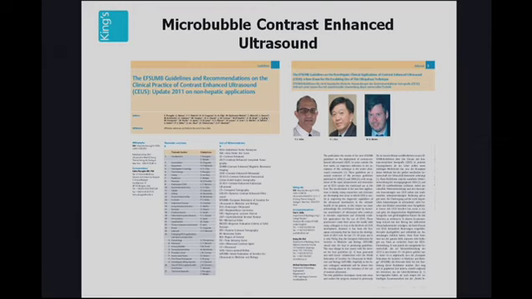Therefore, any application outside these areas are off license. Notwithstanding this, the European Federation of Societies in Ultrasound in Medicine and Biology have issued guidelines and recommendations on non-hepatic applications. Every single one of these non-hepatic applications are off license, but the accompanying editorial indicates the reasons that this is acceptable.